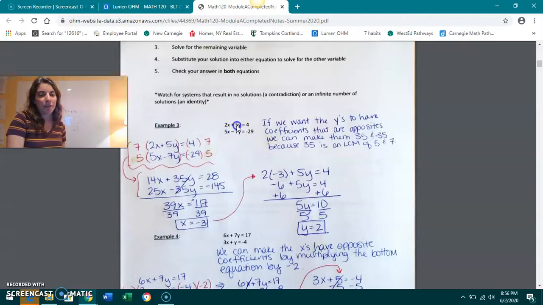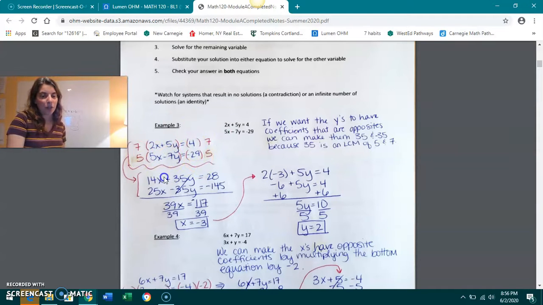So if I want this to be 35, I need to multiply this by 7. I'm going to multiply both sides of that equation by 7. I want to make the bottom equation have a -35 in front of the y, so I would multiply both sides by +5.